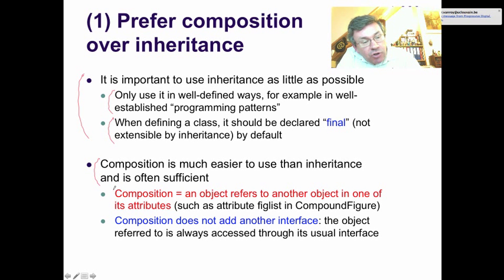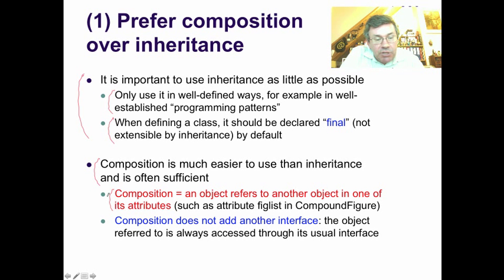So what is composition? Composition is a very simple idea. Composition means that an object will refer to another object in one of its attributes. Very simple. So for example, the compound figure class, in the previous example, has an attribute called figlist, and this attribute contains references to other objects.